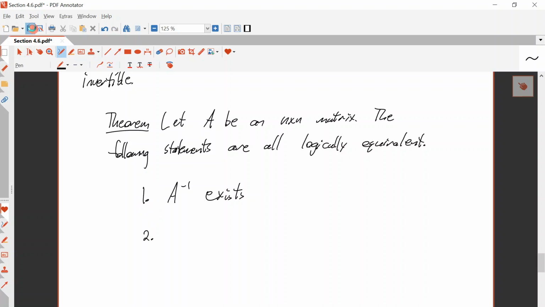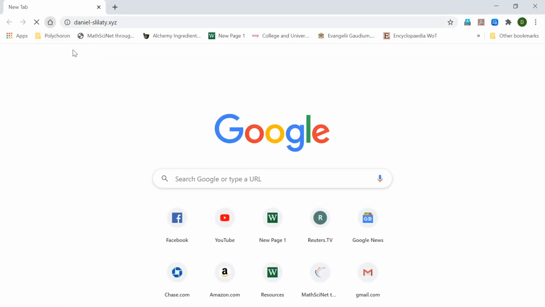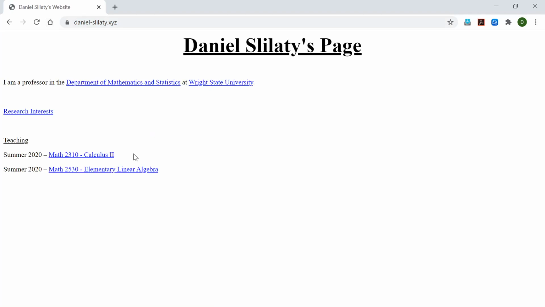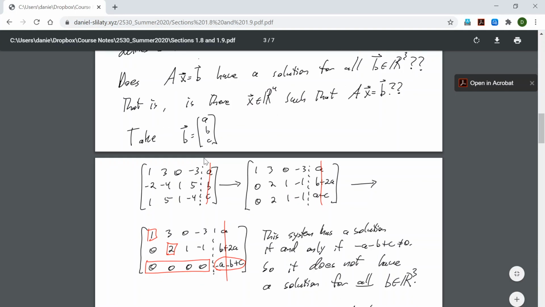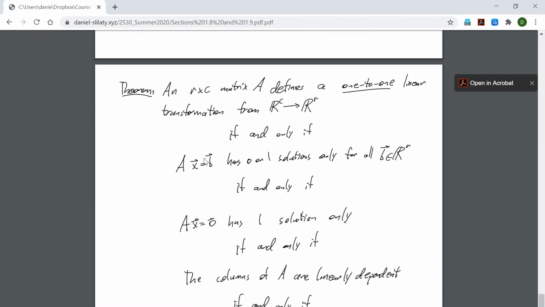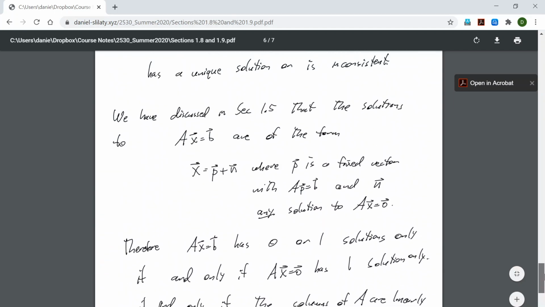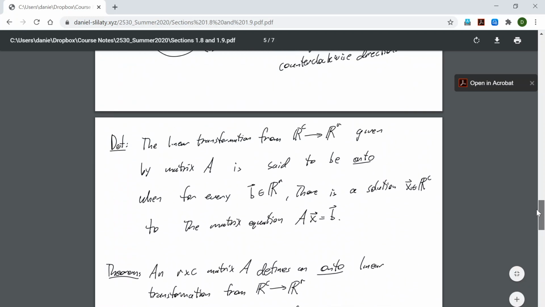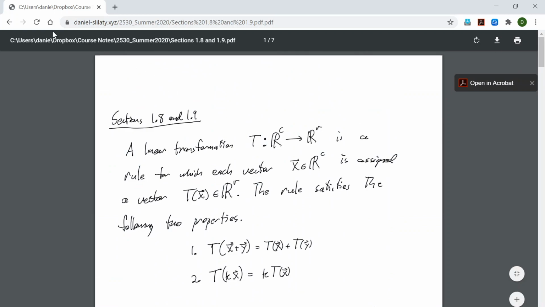Back in chapter 1, let's go back to that characterization. That was in section 1.9, I believe. Let's take a quick look. Section 1.9. It wasn't there.